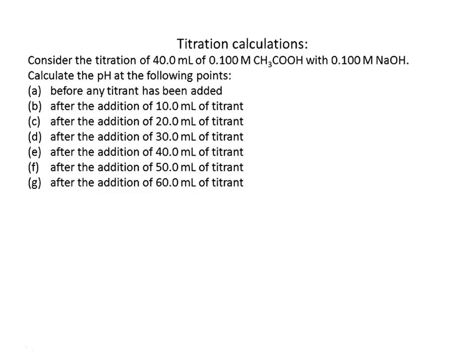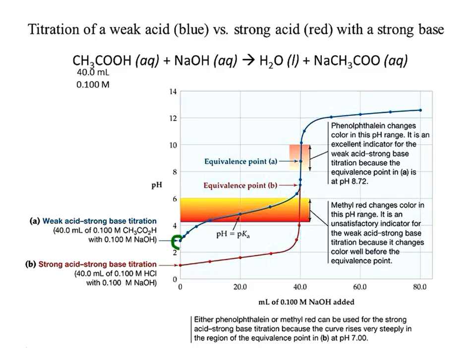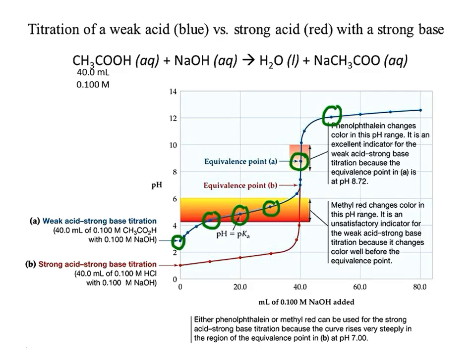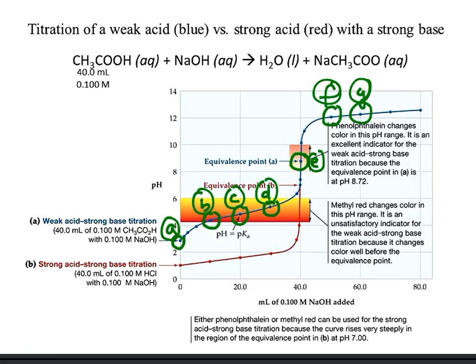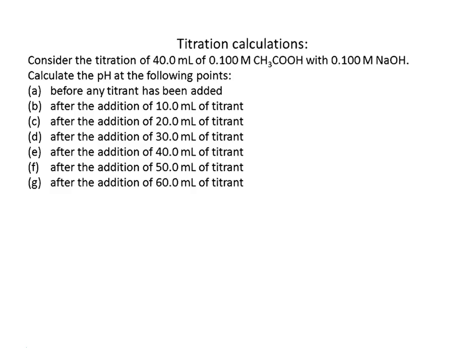Points A through G, we're going to look at these. So that's point A, point B, point C, I've circled there. Point D, E, F, G. So those correspond to the points in the table and the points in the calculations.